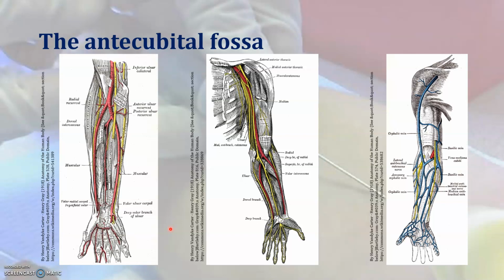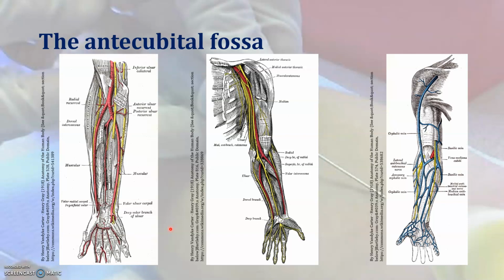When we're thinking about the contents of this fossa, we can look at the arteries, nerves, and veins. So the important artery passing through the antecubital fossa is the brachial artery.